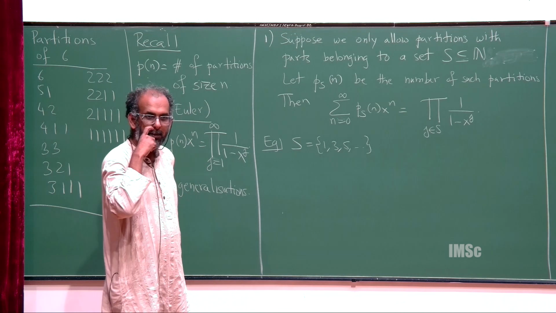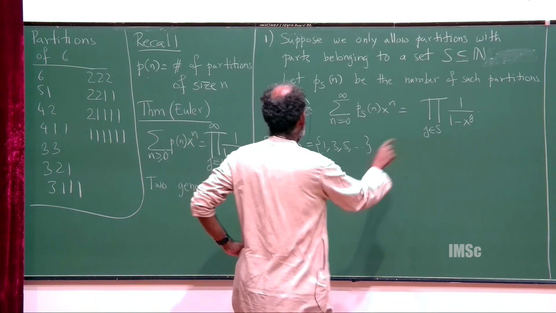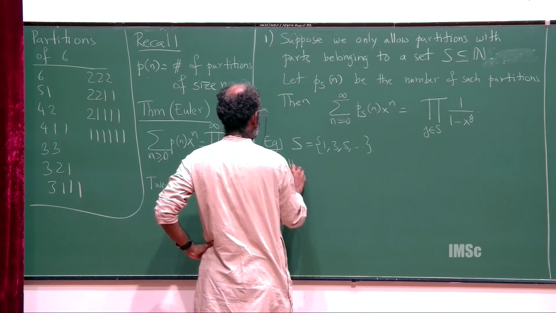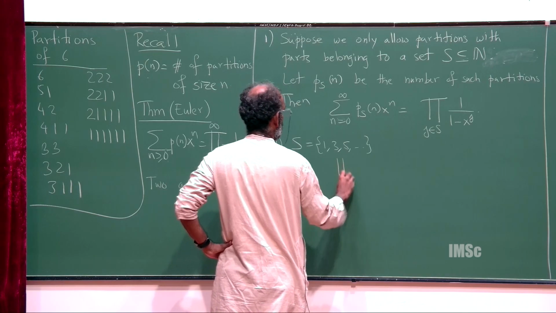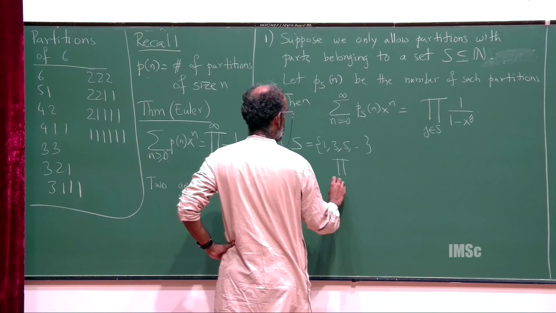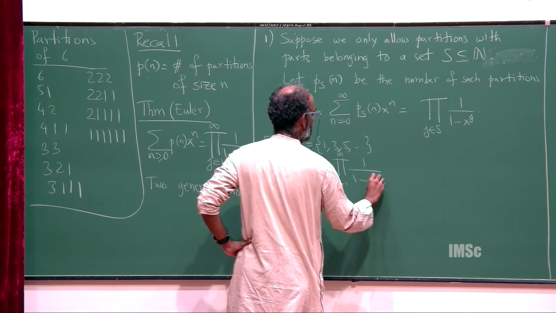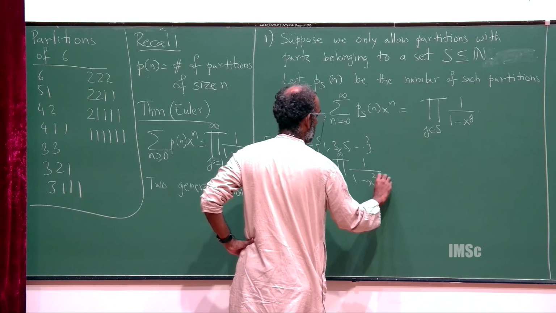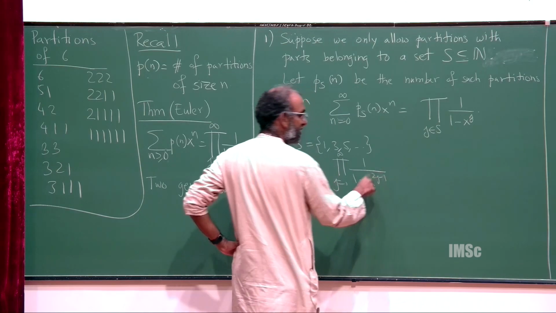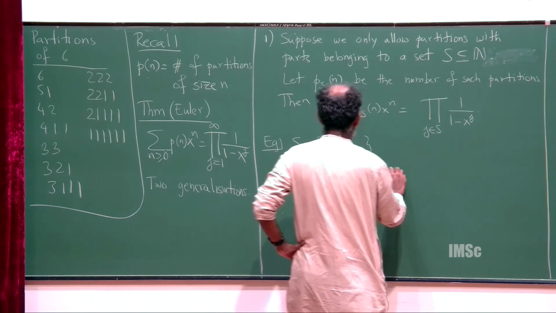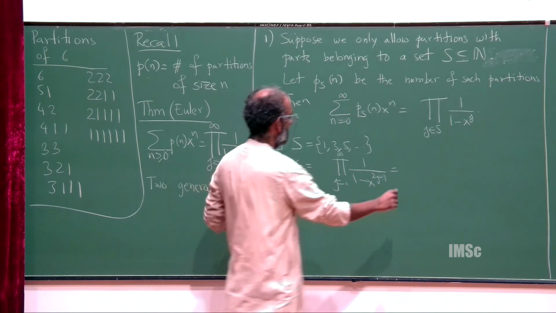Okay. Then the right hand side is the product over j equal to 1 to infinity of 1 by 1 minus x to the 2j minus 1. I am just taking the odd powers here. So let's just expand this and see.